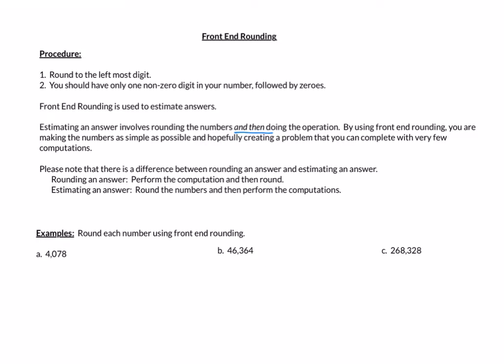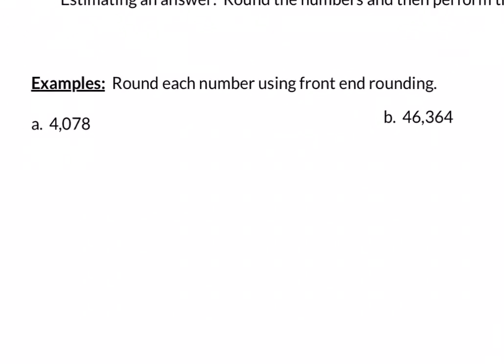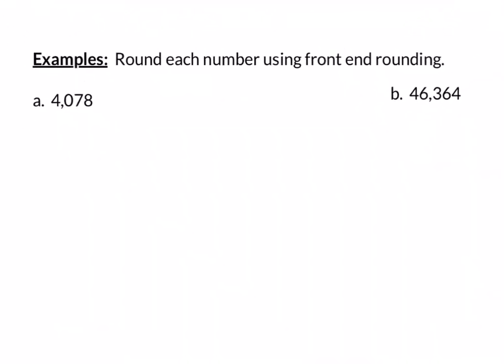So example A, we have 4,078. The first thing I want to know is what digit is in the front of my number. This is the 4. This is my leftmost digit. This is the digit that I want to round to. If we look at the digit to the right, the digit to the right is a 0.